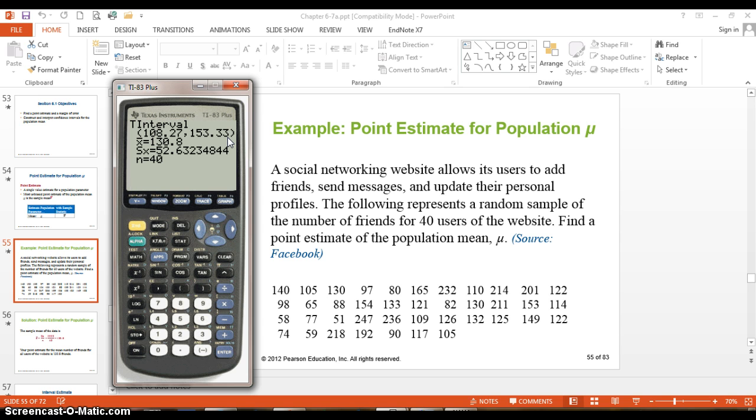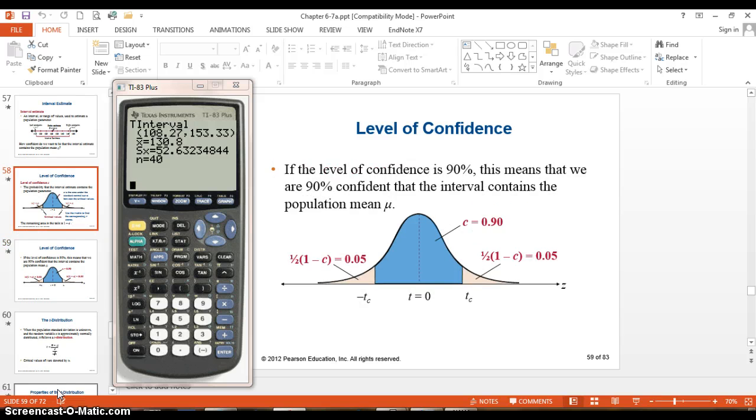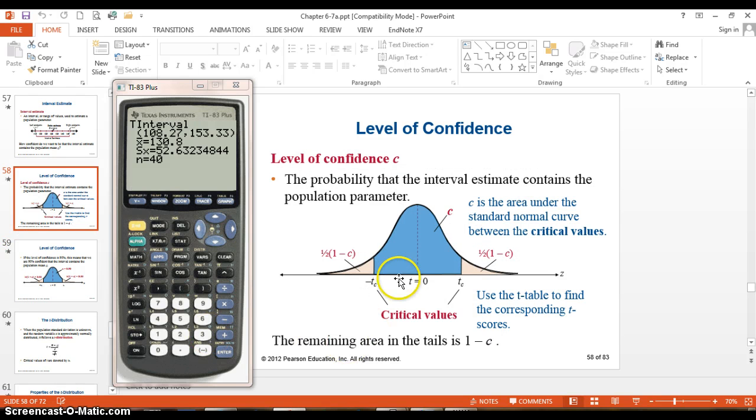And basically, think about it. If we go back to what the normal curve looks like, our confidence is always that center point, the center of the curve. So as you increase your confidence, you're increasing more of that center of your confidence interval, which leaves less room in the tails for error.